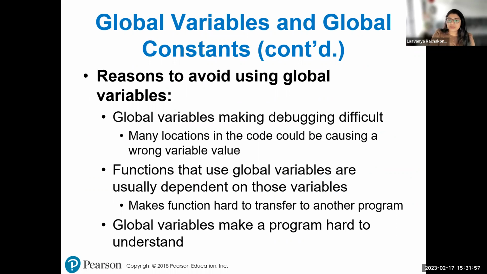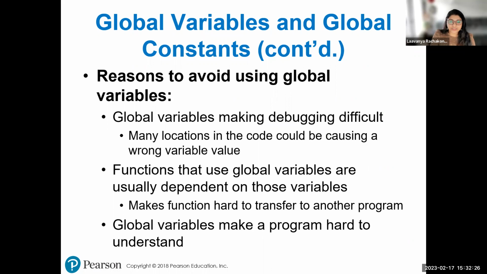They make debugging difficult. Many locations and many functions can have the same variable name and declare it globally, so it will cause errors. Functions that use global variables are usually dependent on those variables, so it will be hard to transfer them to another program. And if you are working with a team, it will cause difficulties as well.